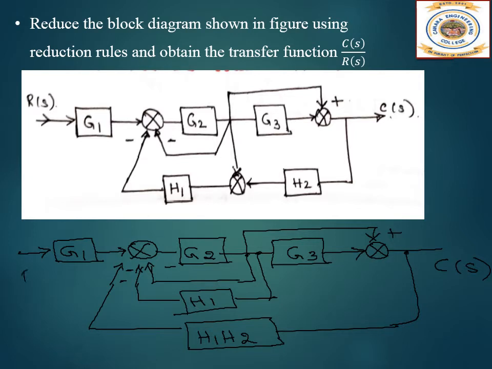So now let us do the solution one by one. So this is R of S and C of S. First let us solve these two things: one is this G3 and this parallel. So first we'll solve this simultaneously: 1 plus G3, and G2 and this in feedback. So these two things we'll solve first.